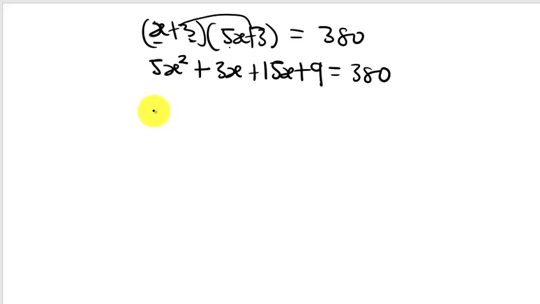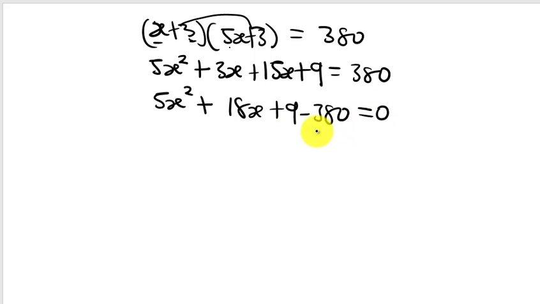So we are going to have 5x squared, 3x plus 15x will give us 18x, plus 9 minus 380, and this is equal to 0. You simplify this further, and this will give you 5x squared plus 18x minus 371 being equal to 0.